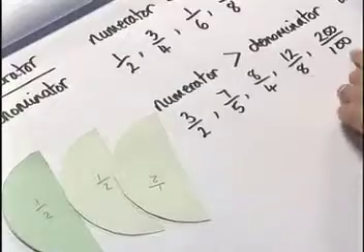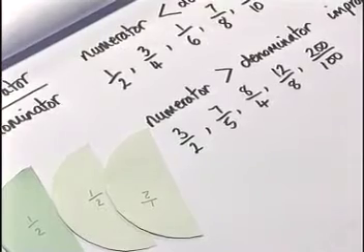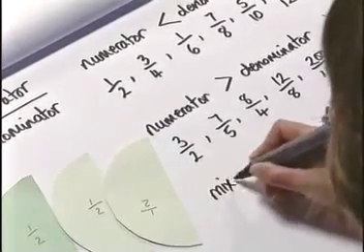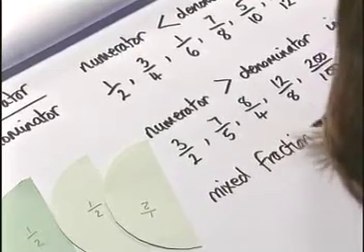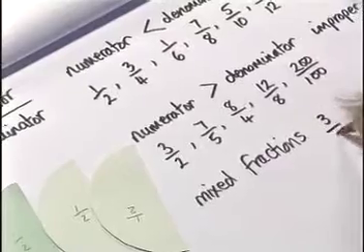Now, improper fractions can be written in this form, or they can be written as mixed fractions. So let's have a look at our 3/2.